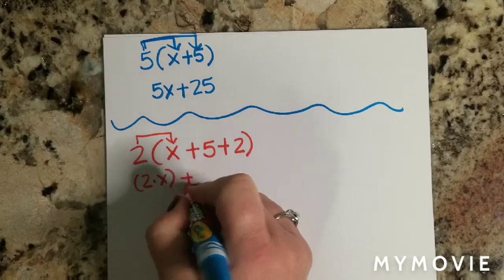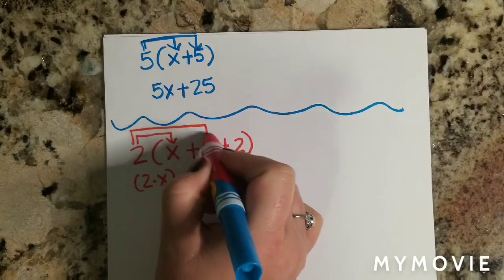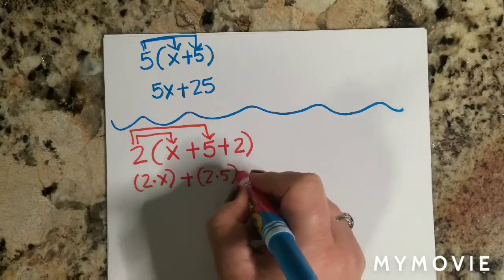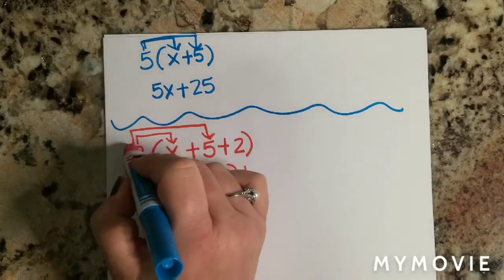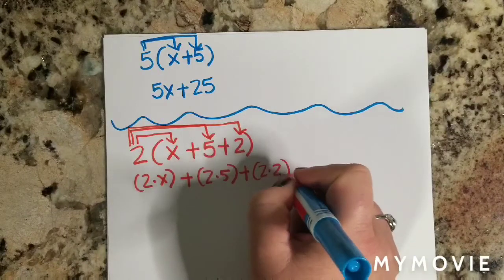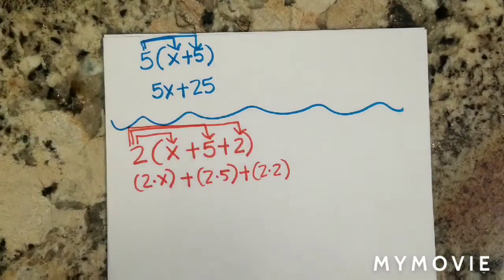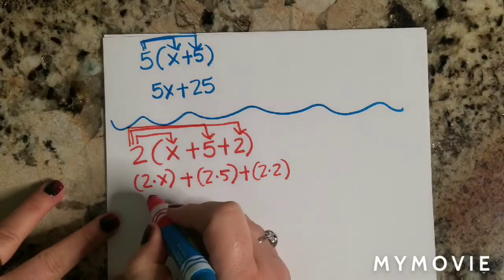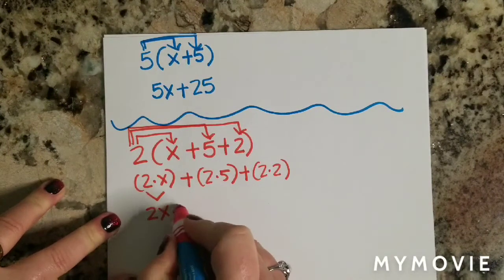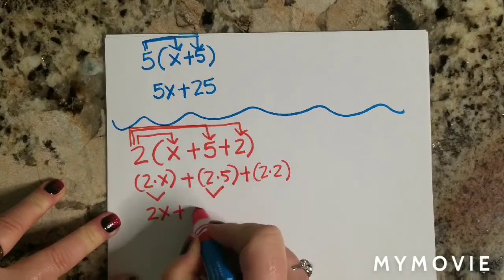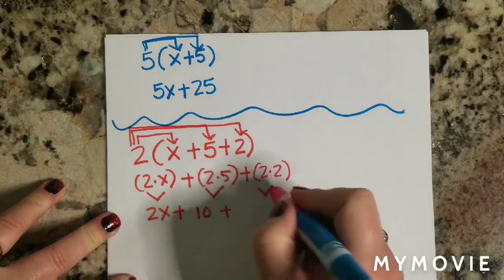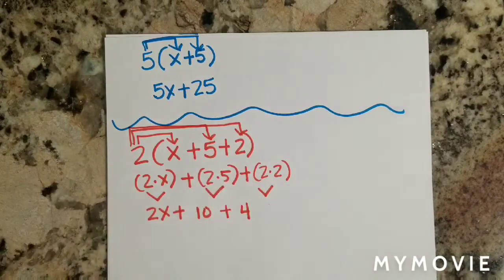Bring down your plus sign. 2 times 5. Bring down your plus sign. And then 2 times 2. Now we can simplify from here. 2 times x is 2x. 2 times 5 is 10. Bring down your plus sign. And 2 times 2 is 4.